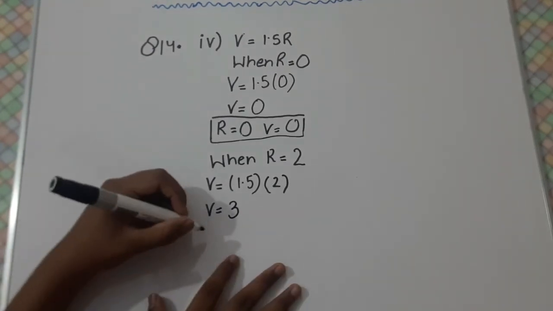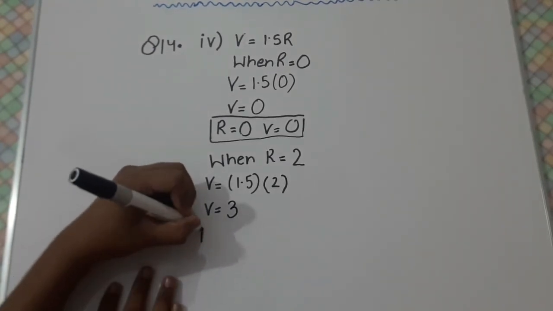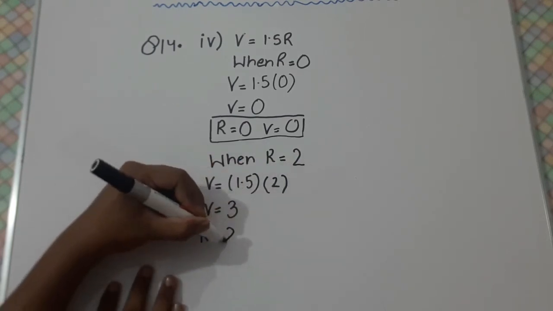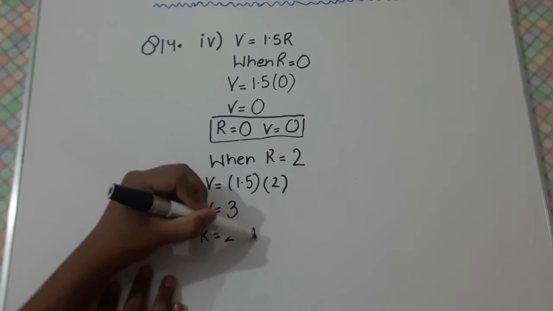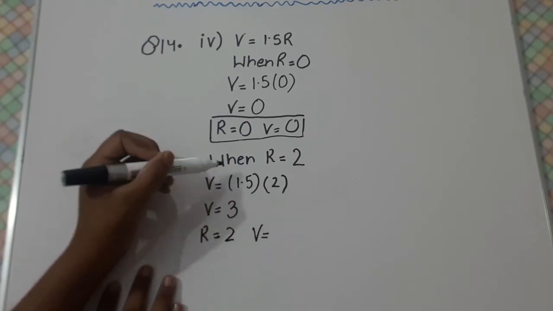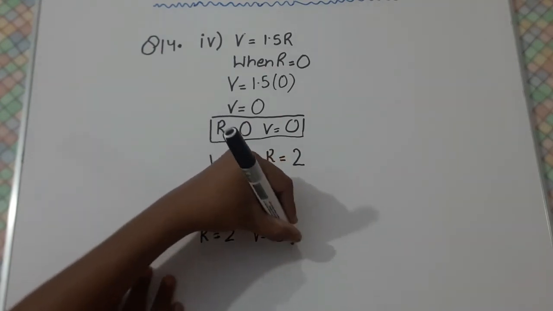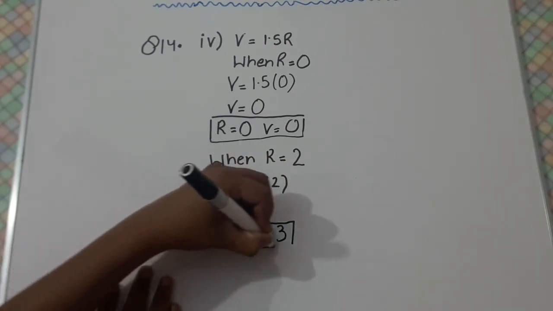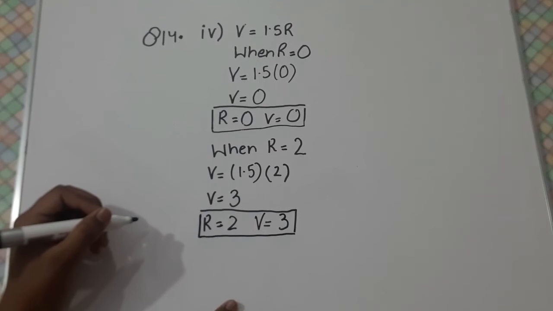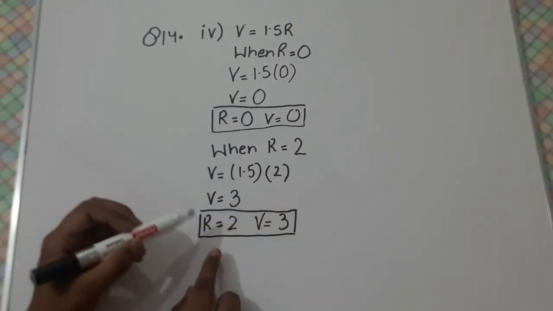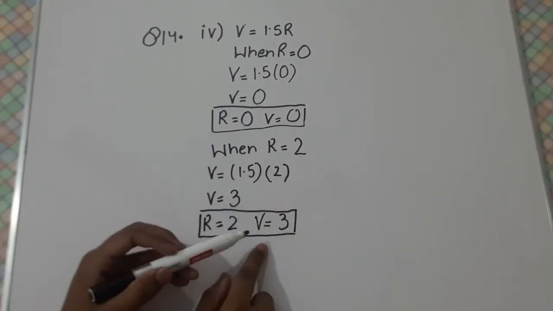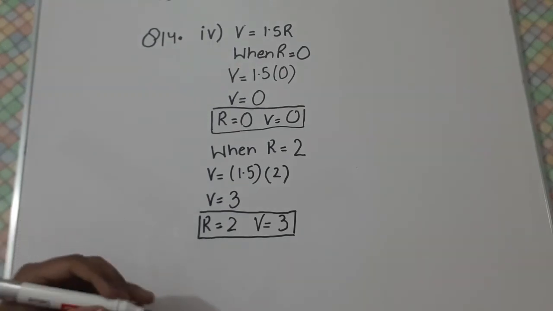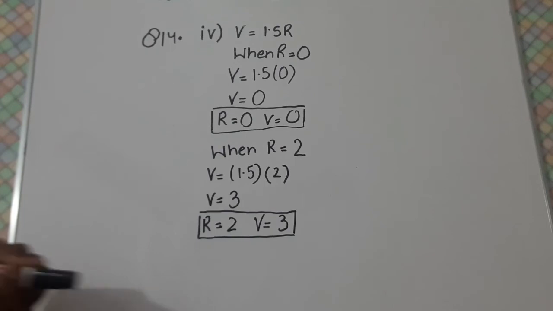So the last coordinate for this graph is when r is 2, v is 3. So we have found our coordinates. When r equals 0, v equals 0, and when r equals 2, v equals 3. So let's plot this graph of v against r.